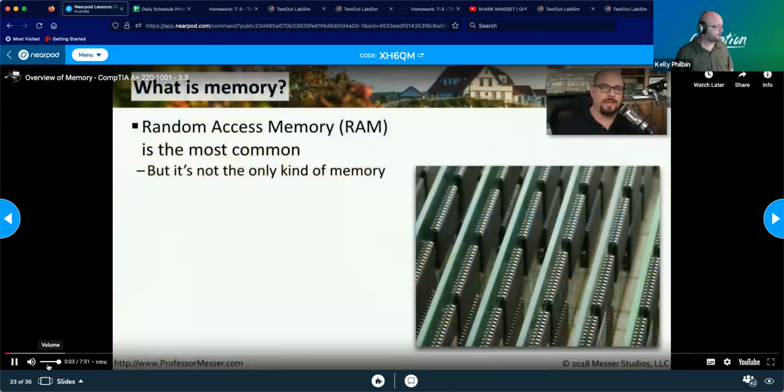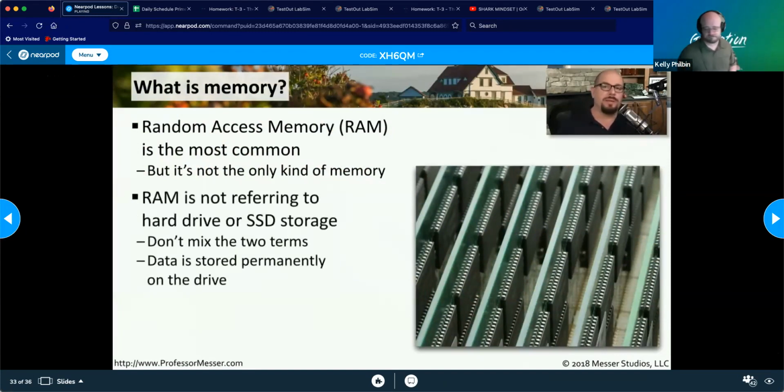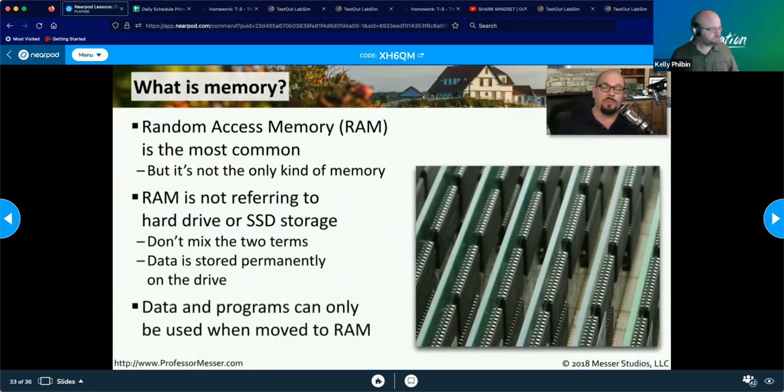If you're looking at the specifications of your computer and you notice a section that describes memory, or somebody asks you how much memory is inside of your computer, they're referring to the amount of random access memory, or RAM. We're not describing the size of an SSD or the capacity of a hard drive. We're referring to the components inside of your computer where all of the transactions are taking place. When you're using the programs and the data on your computer, they're moved off of your SSD or your hard drive and they're put into RAM so that you can perform calculations on that information and then store that information back on the SSD or the hard drive when you're finished.